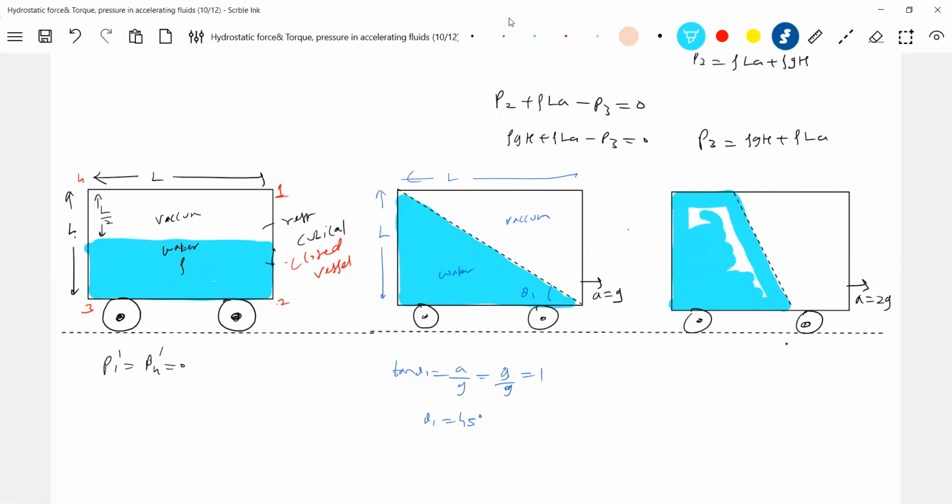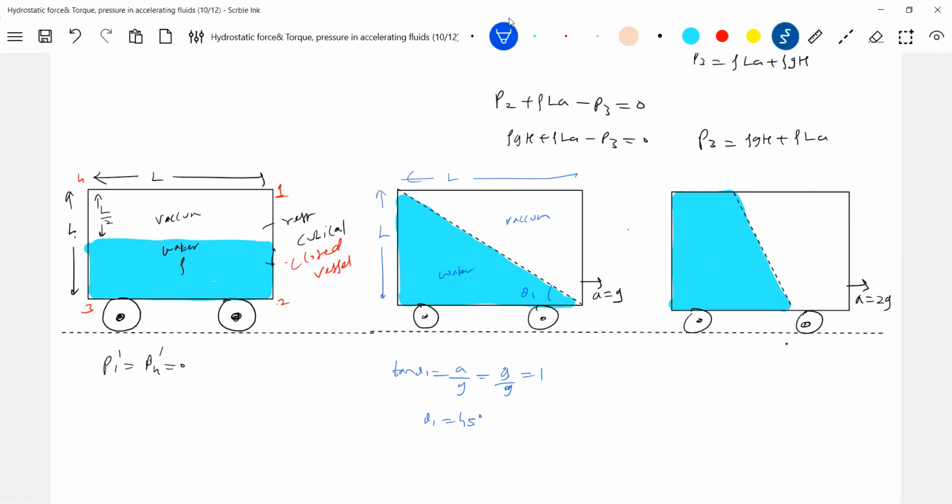Now I can ask you pressure in this also. You have to be careful. It will take shape like this. If there were no top surface, the liquid would have spilled here. So it will come like this here. The free surface will come, and this part of the liquid will spill out.